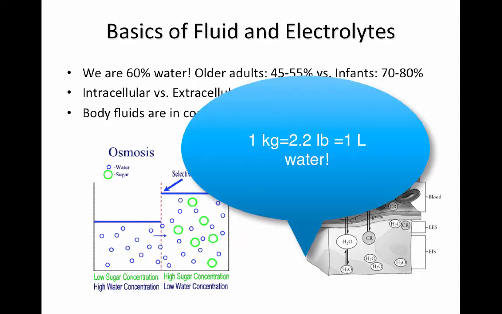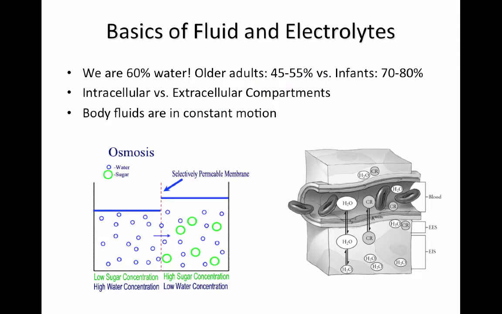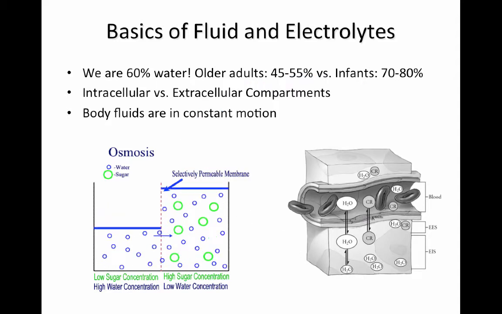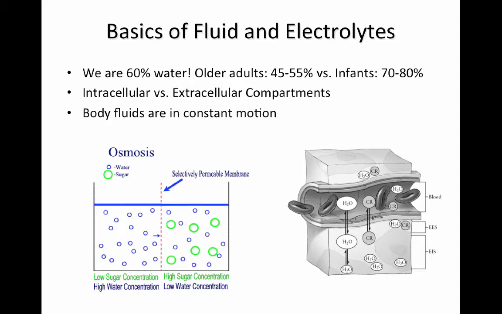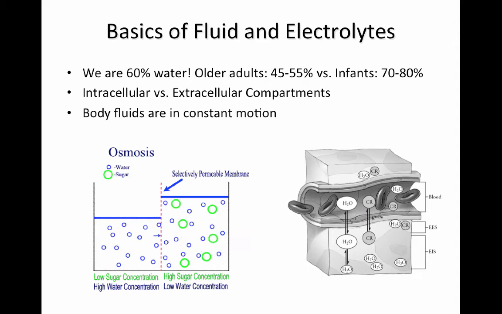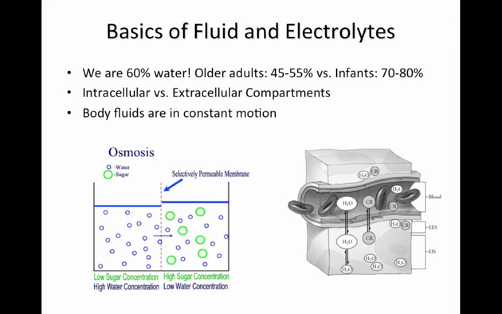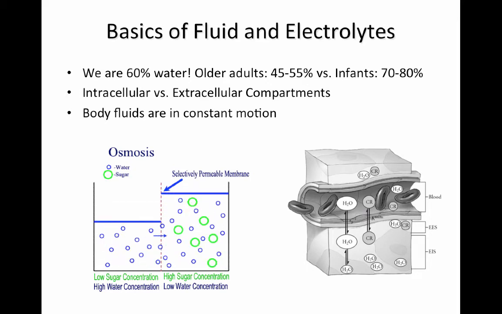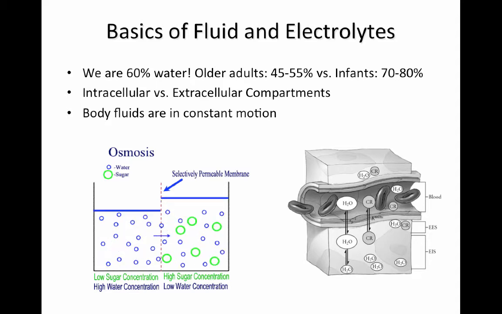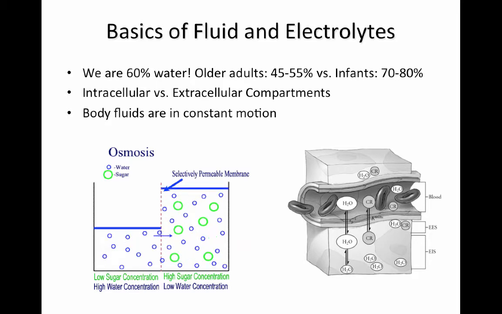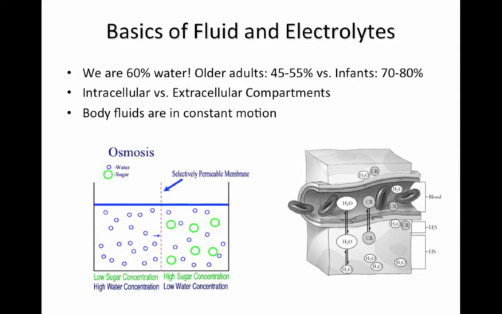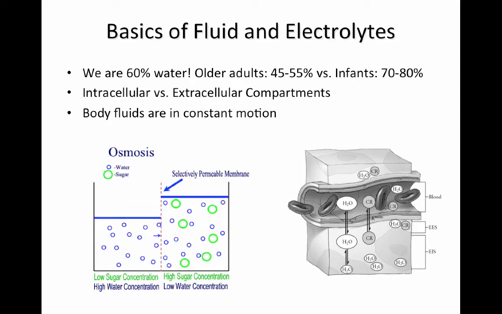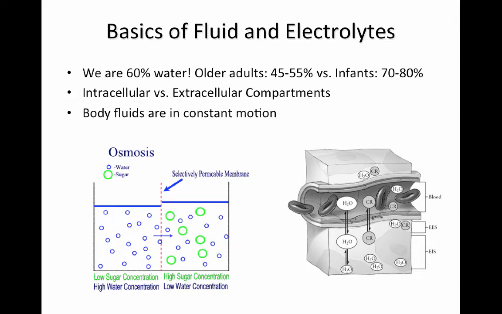Now, these body fluids and electrolytes play a very important role in maintaining homeostasis in our body. Our body fluids are in constant motion because they're constantly transporting nutrients to the cells. They're transporting electrolytes in and out of the cell. They're transporting oxygen to the cell, and the water is also carrying waste products away.